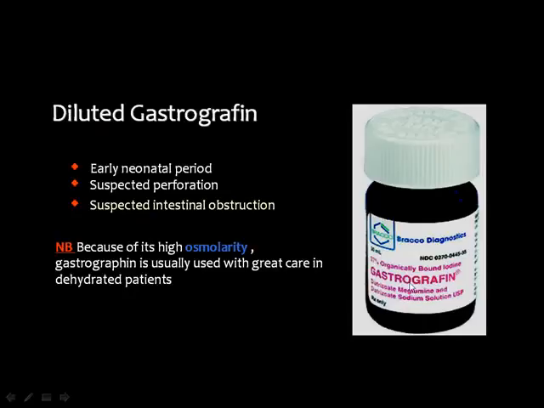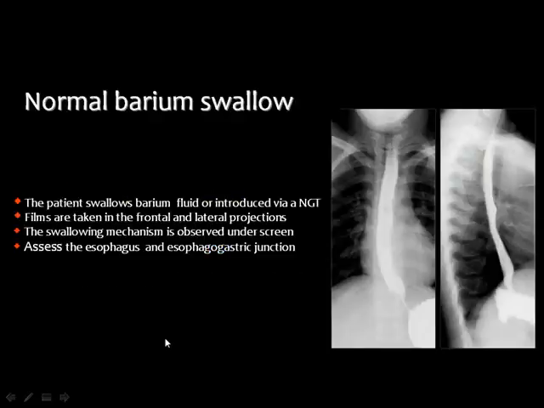Also, we have what is known as water-soluble contrast medium, which is known as gastrografin. This gastrografin can be given to neonates, and also in cases of suspected bowel perforation and some cases of intestinal obstruction as well. But please note that gastrografin has a high osmolarity and it should be given with great care, especially in dehydrated patients.